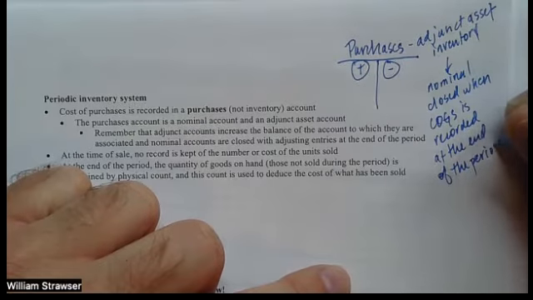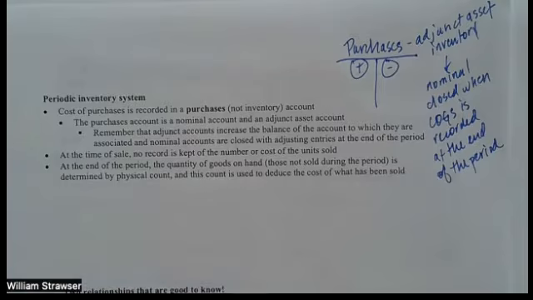Remember, I told you that cost of goods sold under the periodic system is not evaluated at the point of every sale. We wait until the end of the period to make an adjustment to inventory, showing the amount of goods that we have still after all our sales. And we also wait until the end of the period to record the total cost of goods sold for the period.